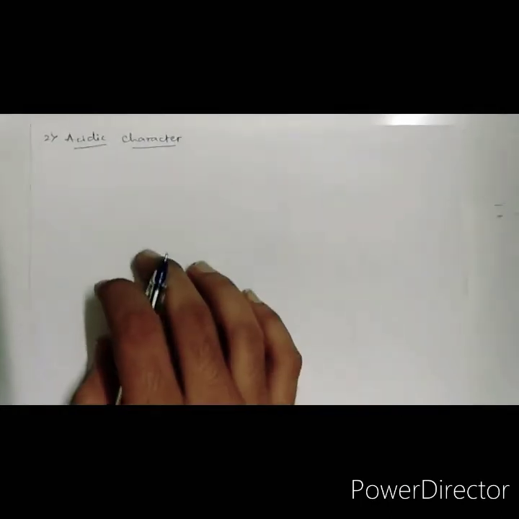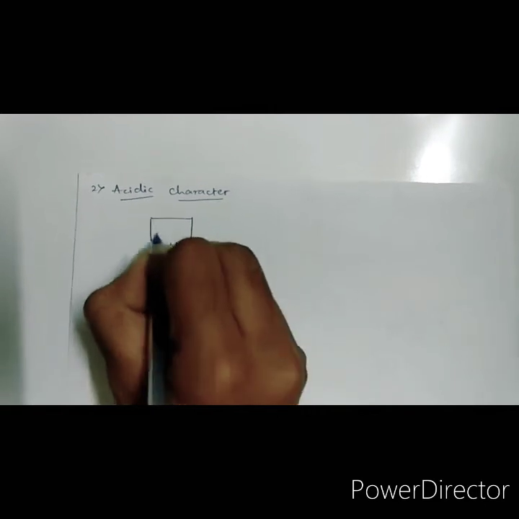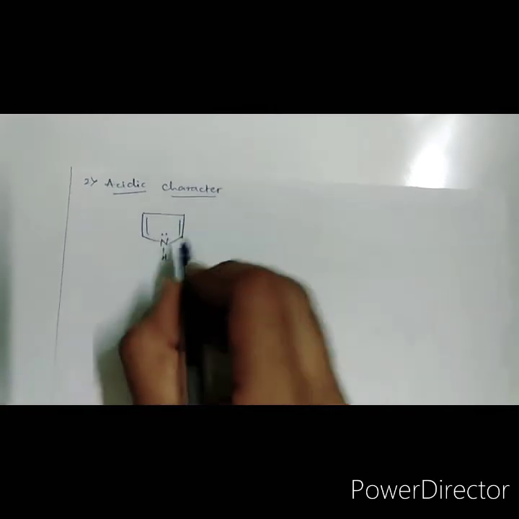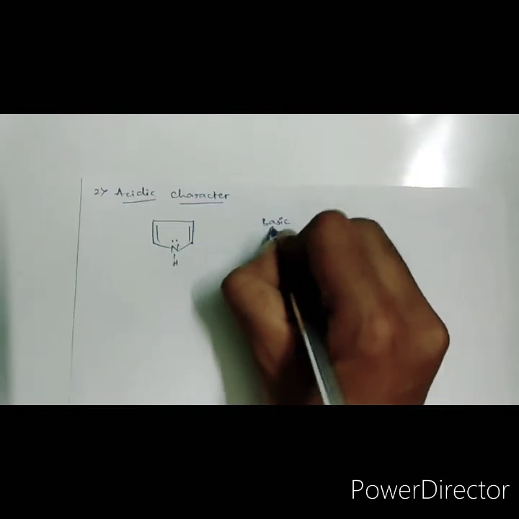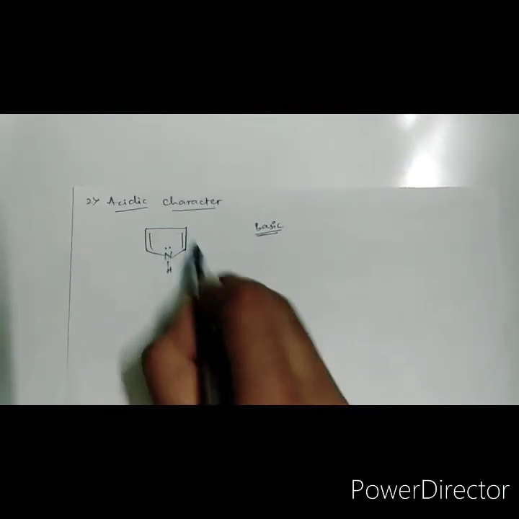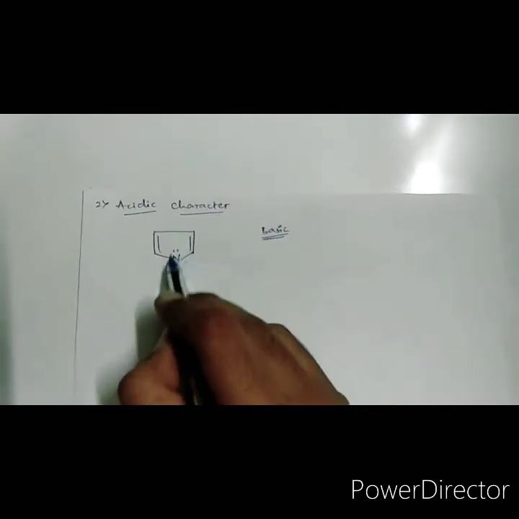The second chemical reaction is how we define the acidic character of pyrrole. You can see the structure of pyrrole. It contains nitrogen. Usually these nitrogen containing molecules are basic in nature. So to define acidic character, we have to define the nature of this nitrogen.